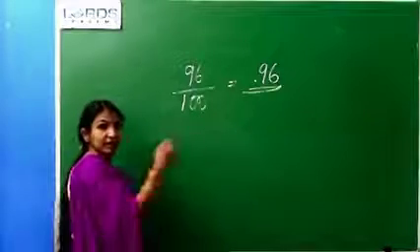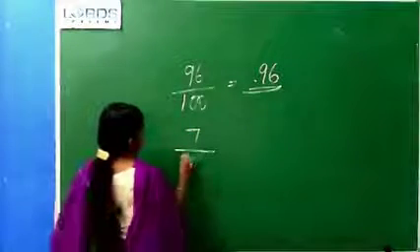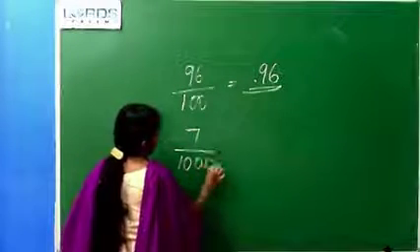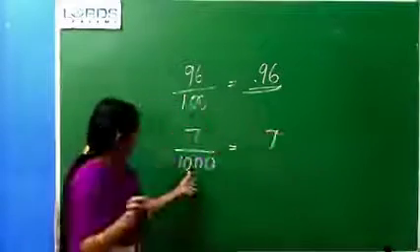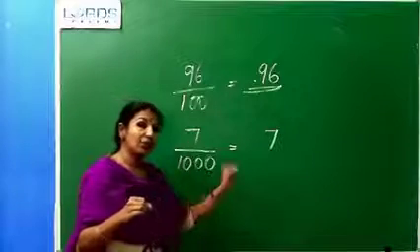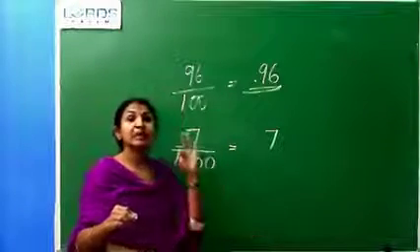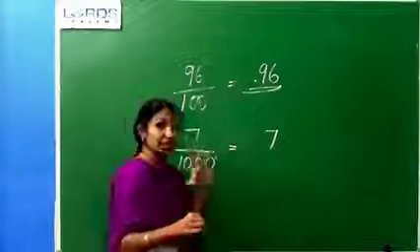Okay, so both ways we can say. 7 by 1000. So we wrote 7 first. Denominator is 1000. So after the point, how many places should be there? 3 places should be there. Here only 1. So we need 3 places.